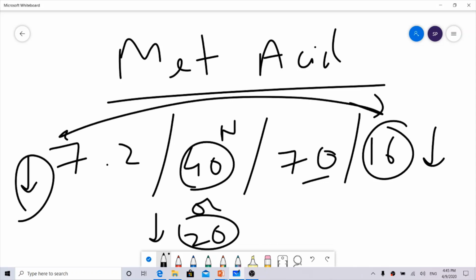So we are dealing with something known as metabolic acidosis. Now you can have either a normal carbon dioxide level or a low carbon dioxide. If it is normal, there is no compensation, but if it's low, let's say it's 20, then this means there is compensation.